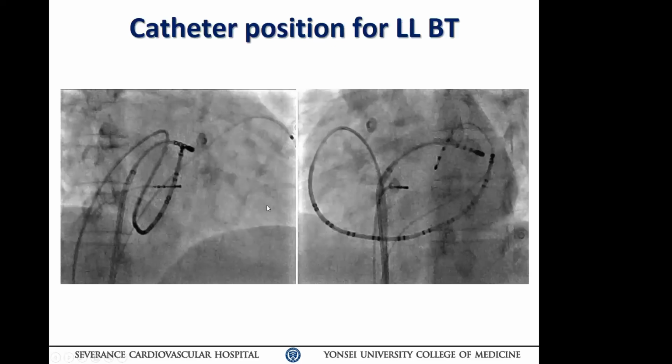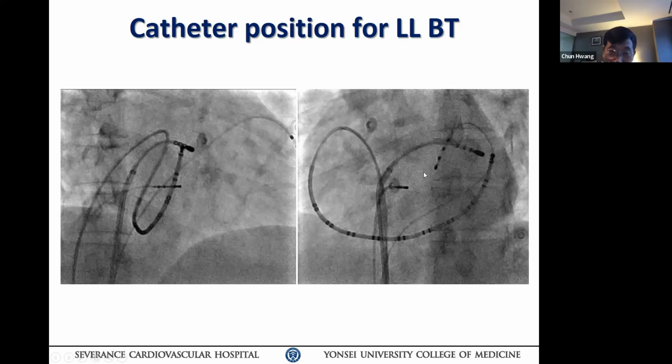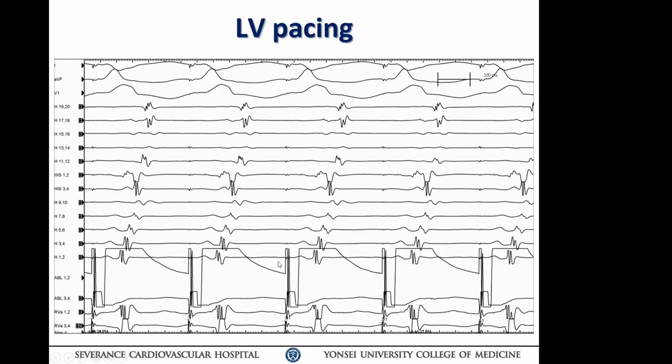So the catheter position will change. We change the catheter and put it inside the AIV vein to pass the ventricle, the LV side. And after LV passing, we can see a good retrograde at the left lateral bypass tract.